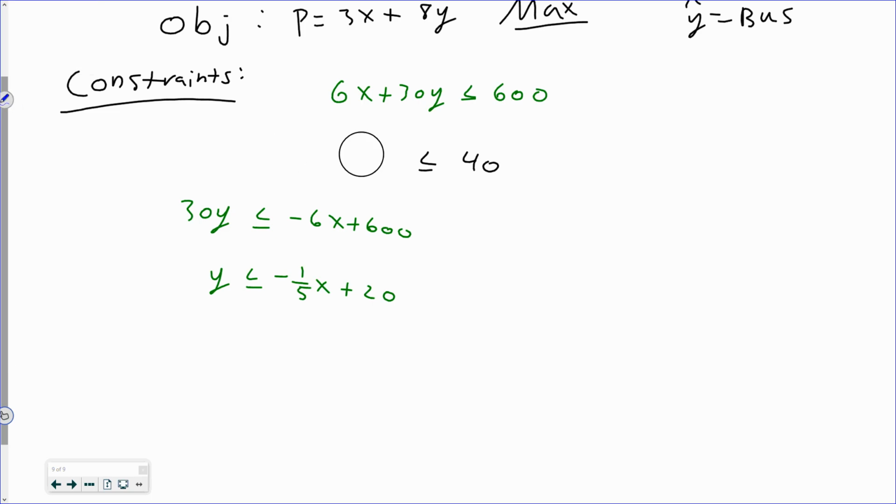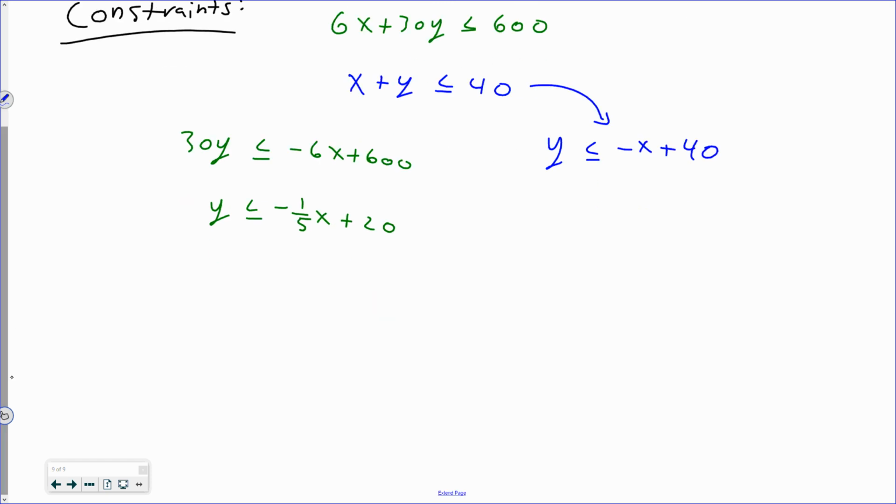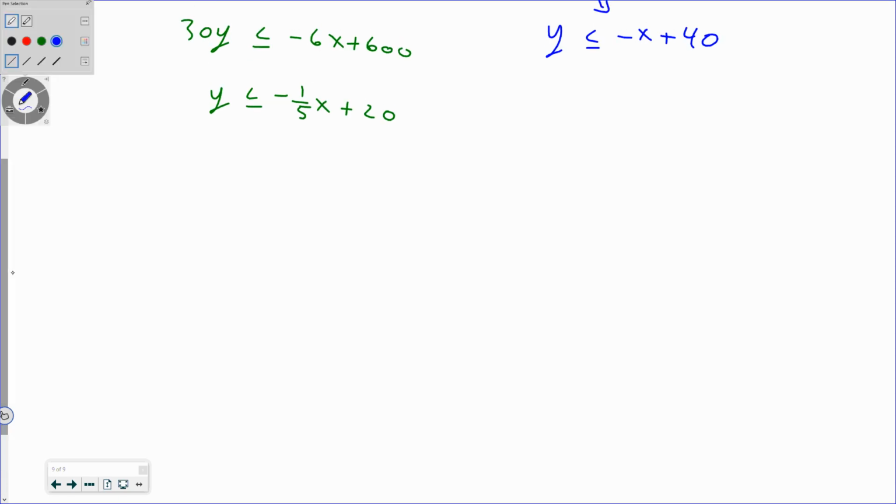And then for the blue one, x plus y is less than or equal to 40. Same thing, solve that for y equals. Y is less than or equal to negative x plus 40. Is everyone fine up to here? All right. From here, we're just going to graph it.